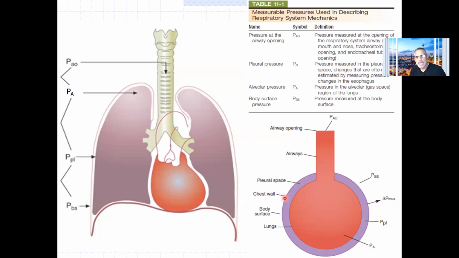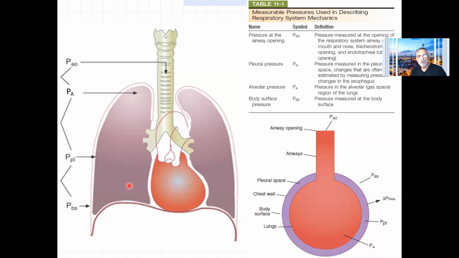And then we're looking at body surface here, which is the pressure that's exerted on the chest wall itself, okay? And so this side really just shows all the different structures and how we denote the various pressures within the respiratory system.